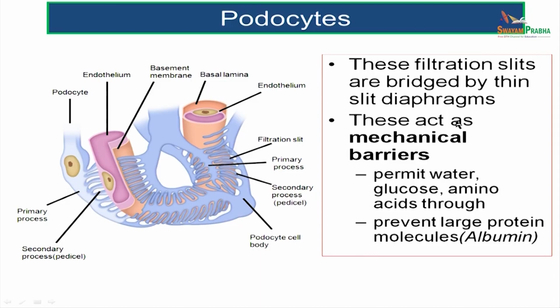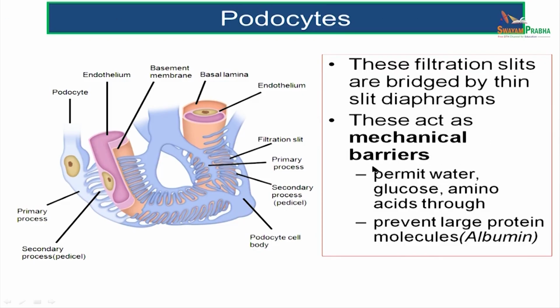Why do you need to know the details of podocytes, the filtration slits and other things what I have detailed? It is because these filtration slits what you are seeing in this diagram act as mechanical barriers.